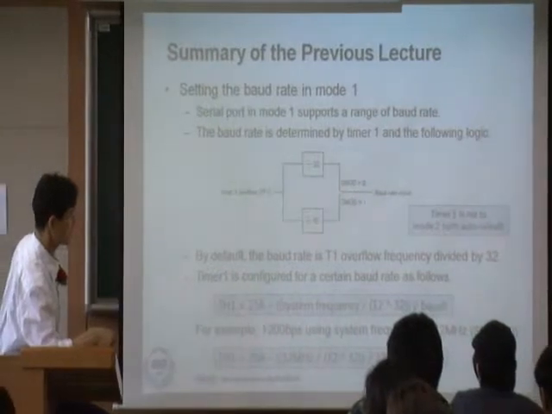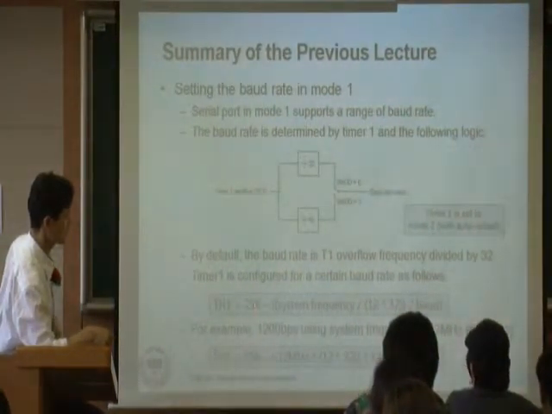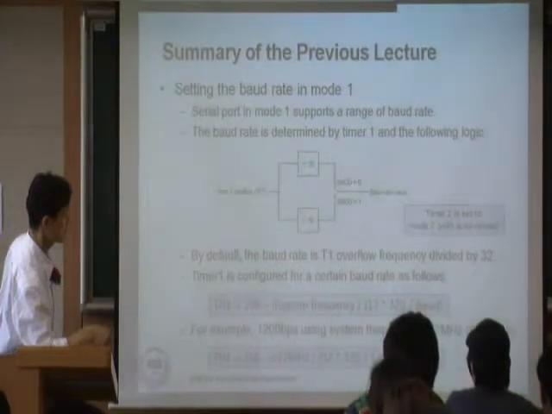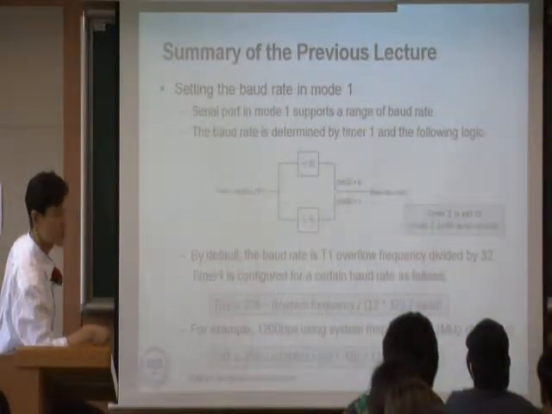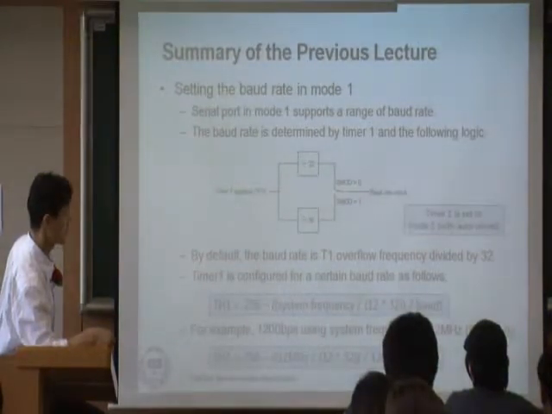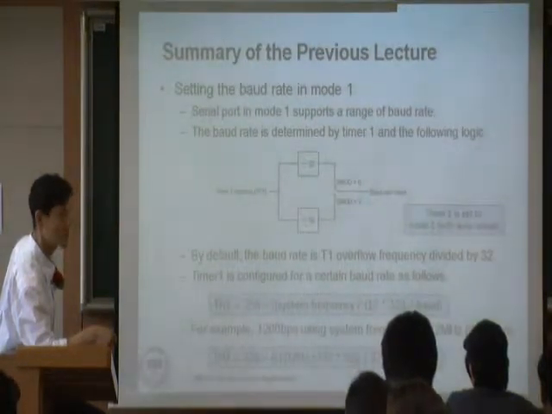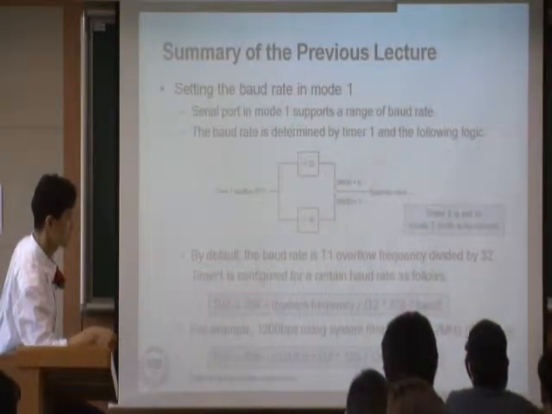The reason that we do the 256 minus something is because 256 is the maximum value that the TH1 register can have, and you want to set a certain value in order to make it overflow when this many clocks come into the timer, right?